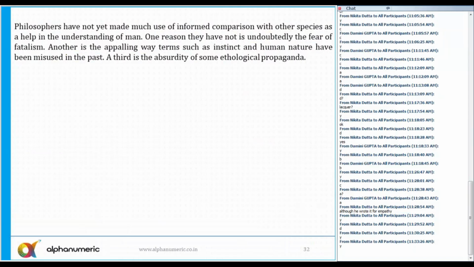So he tells you, philosophers have not yet made much use of informed comparison with other species as a help in understanding of man. So we have not been able to understand man. Okay, so there are many reasons. One reason is that there's a fear of fatalism. We are scared of fate.